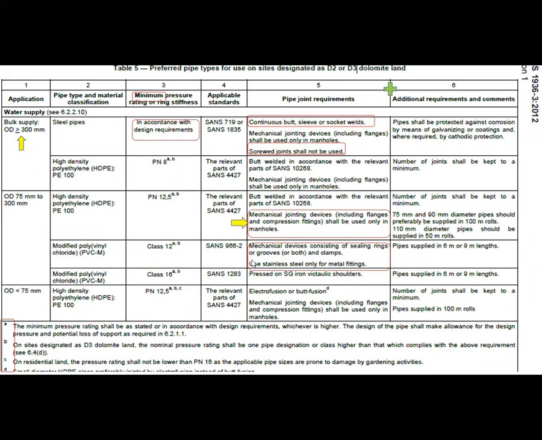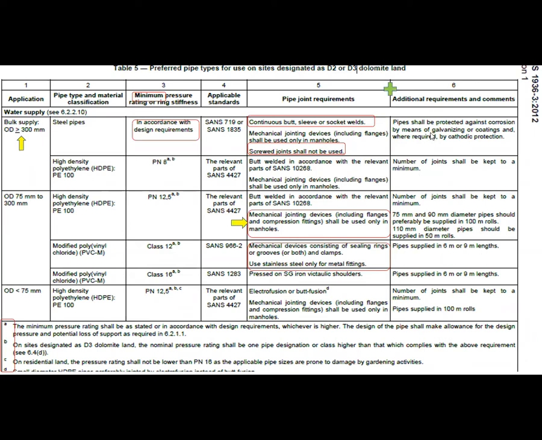What the difference is that mechanical devices consisting of sealing rings and grooves, or both, and clamps are allowed here. But if it's of metal fittings, it obviously needs to be stainless steel. Once again, the longer the run, the better, the fewer leaks.